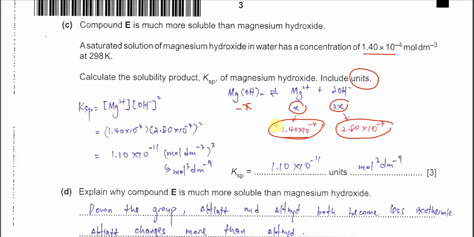So you get 1.1 times 10 to the negative 11. The units will be mole per dm cube in brackets, to the power 3. So at the end you get mol cubed dm to the negative 9.